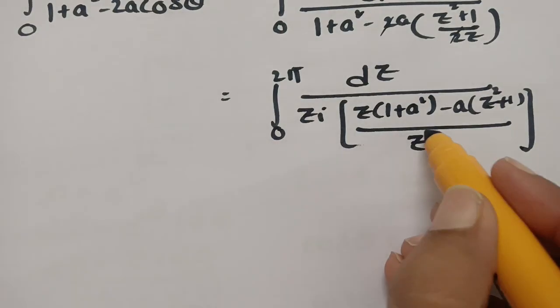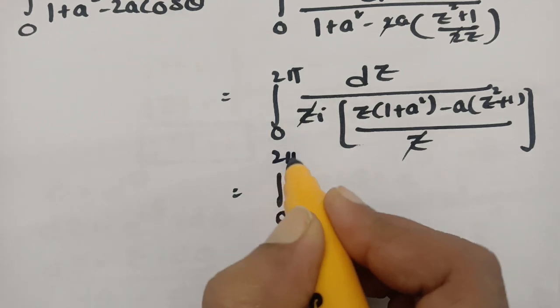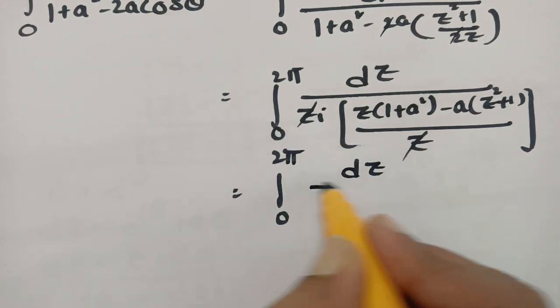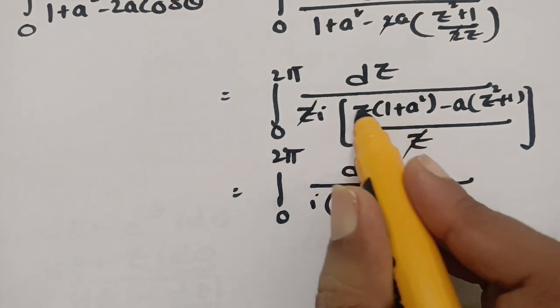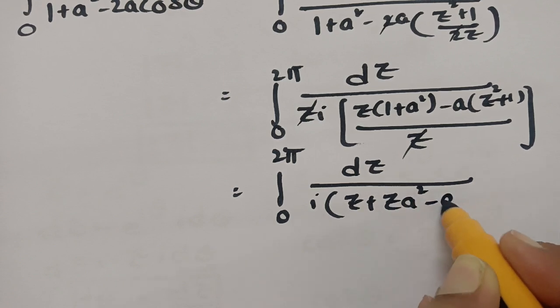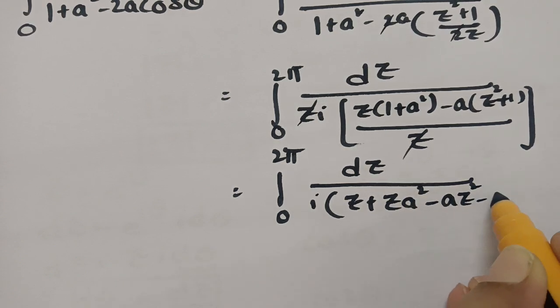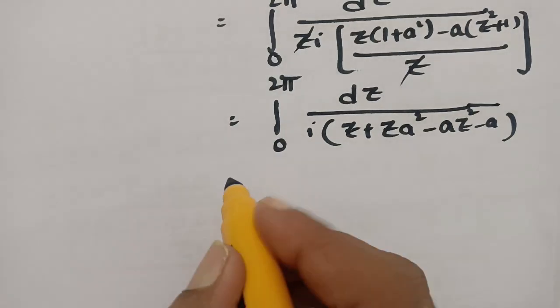Now, if I cancel the z, this will be the integral of dz by i times of z plus, if I multiply, z a² minus a z² minus a.